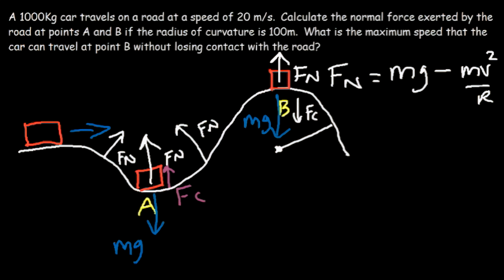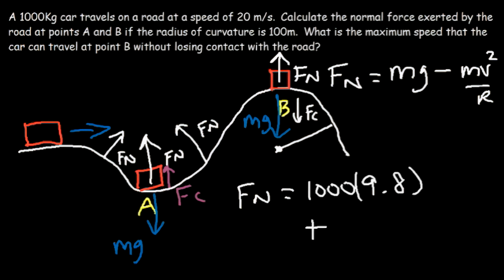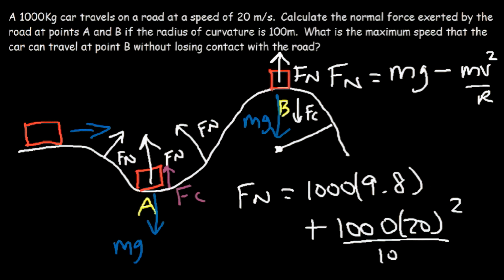So for point A, the normal force is going to be equal to the mass, which is 1,000, times gravity, which is 9.8, plus mv squared over r, which is 1,000 times the speed, which is 20 squared, divided by the radius of 100.